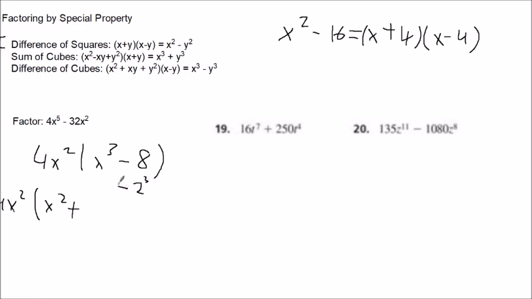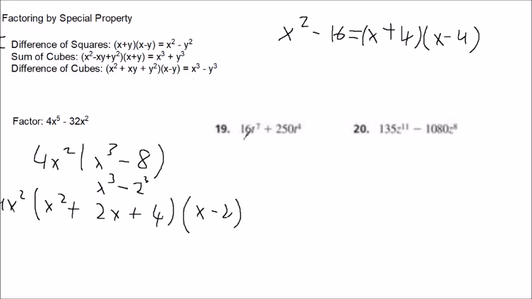So we have to rewrite that as minus 2 cubed, because we want x cubed minus y cubed, where y is 2. So since y is 2, we can do x squared plus xy, which is 2x, and then plus y squared, so 2 squared is 4, and then x minus y, so it's just x minus 2. And that's your factored equation.